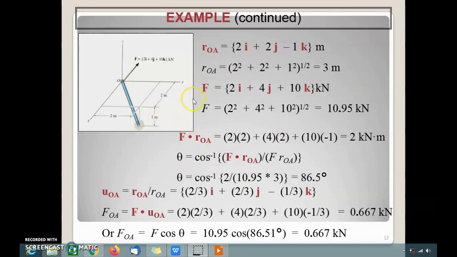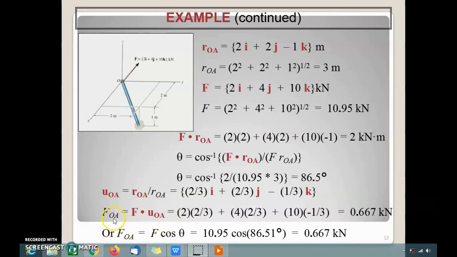To find the force of the whole system, or the projection force on the pole OA, or FOA, you need to use this equation. There are two ways actually. You can use this equation or you can use this method.